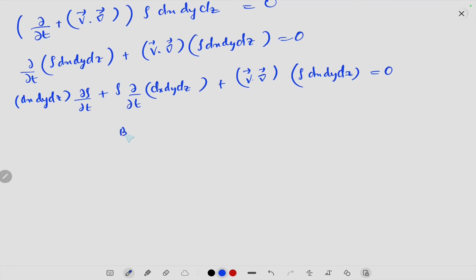Now this third term I can expand it, so I can write v dot divergence as v dot grad of rho dx dy dz, which will become v dot grad rho dx dy dz plus rho grad dx dy dz.